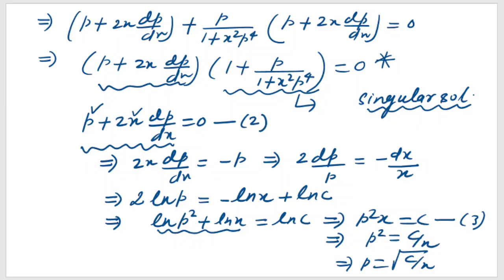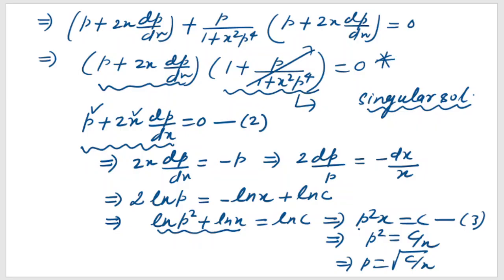Now the question may be asked, what is singular solution? That is something that we will talk about in a separate video. For the time being, you can just consider that this factor is ignored, right? And once we have a differential equation in terms of p, x and dp by dx, we solve it to get the expression in terms of p and x.